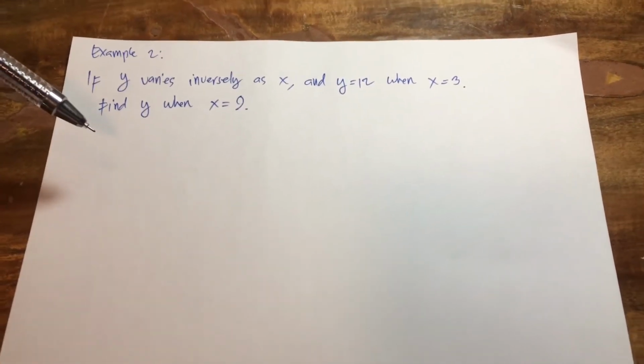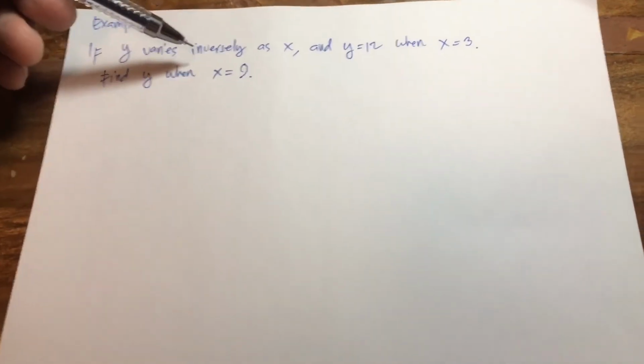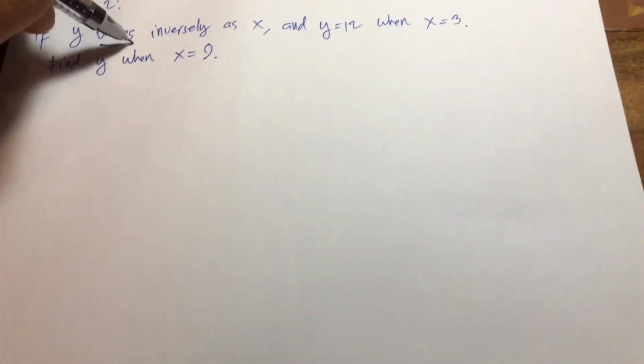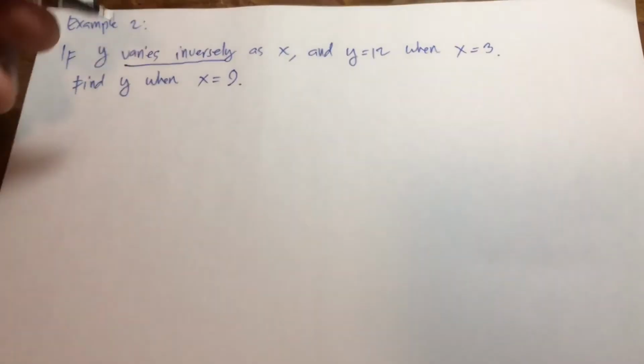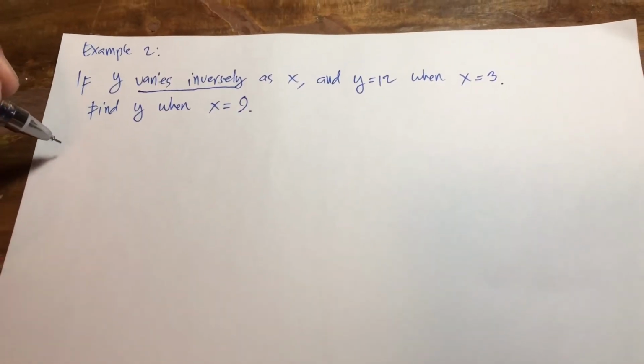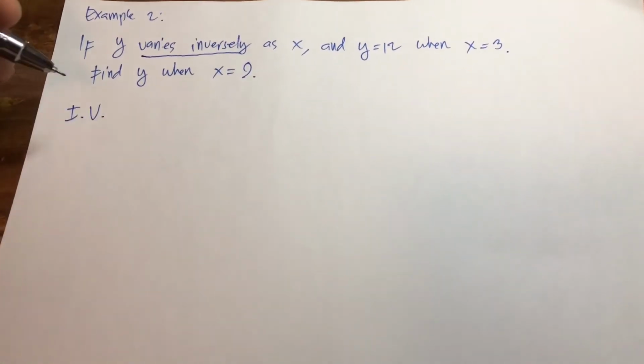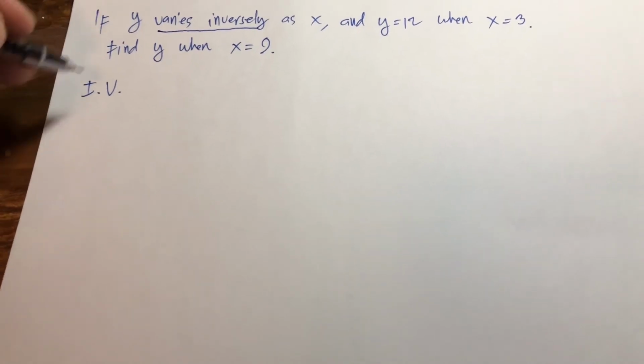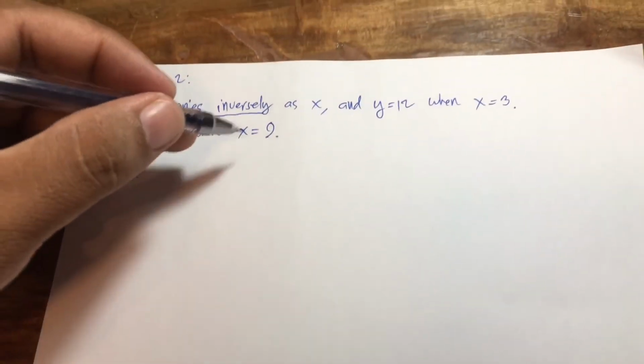So there's no need to identify what type of variation because it clearly stated inversely. So we will use inverse variation. So find y when x equals 9.